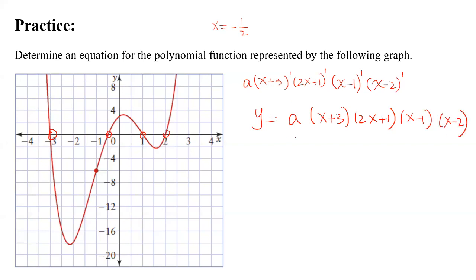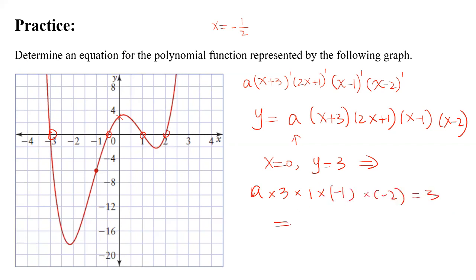And in order to find a, we need to use a point on the graph. So usually we can use the y-intercept, which is when x is 0, y is 3. This means a times 3 times 1 times -1 times -2 is 3. So that gives us a is actually 0.5.